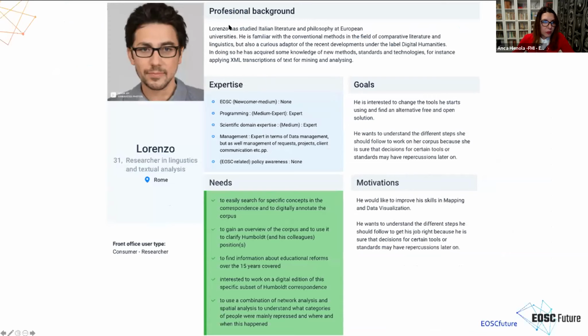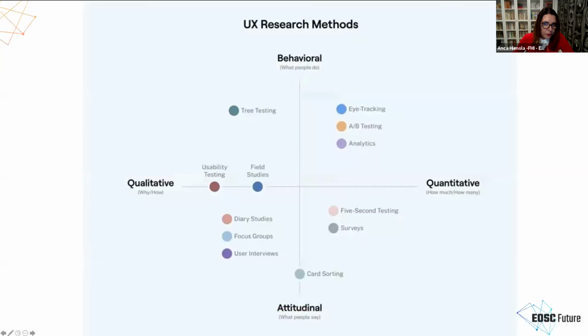We added a professional background, the expertise, also the knowledge in EOSC as well. Goals, motivation, and also needs. These are very important. So basically, we now have an idea of what is missing, what researchers need, what has to be done. And we will work indeed to improve the portal so that it will become the researchers' number one choice in their scientific work.